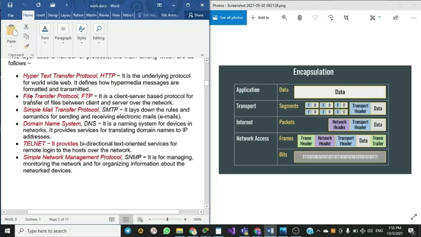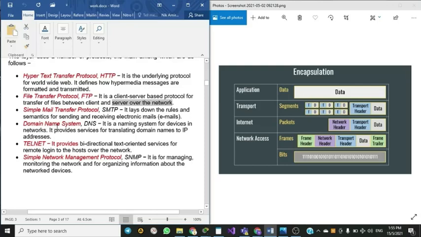FTP stands for File Transfer Protocol. It is a client-server-based protocol for transfer of files between clients and servers over the network. SMTP, Simple Mail Transfer Protocol. This one is for laying out rules and schematics for sending and receiving electronic mail.